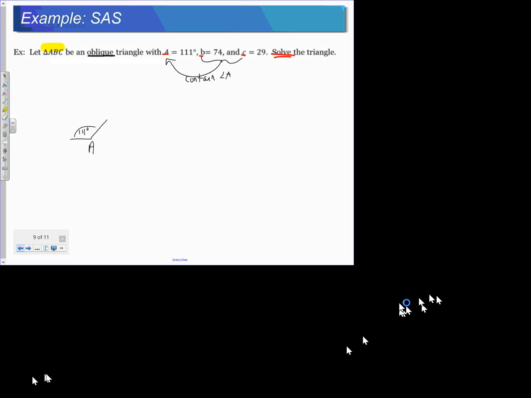Let's say that this will be vertex B, and that is a length of, actually we'll wait on that for a moment. This is vertex C. We'll complete our triangle. So side B would be right here, and that would be 74. Oops, 74, not degrees.